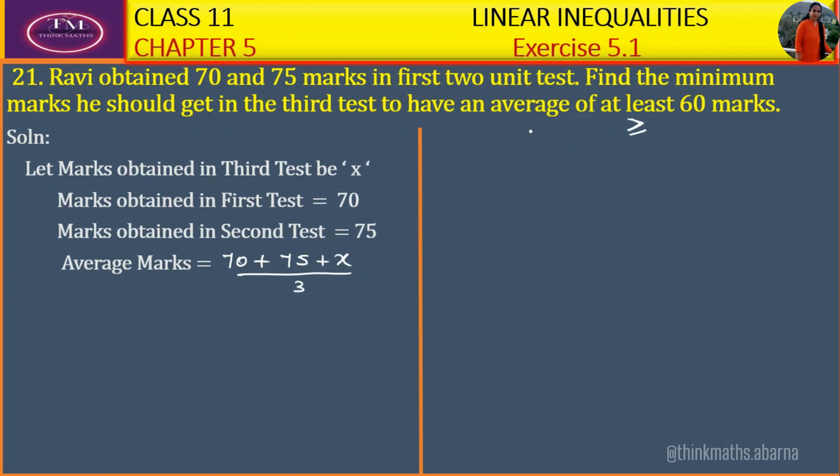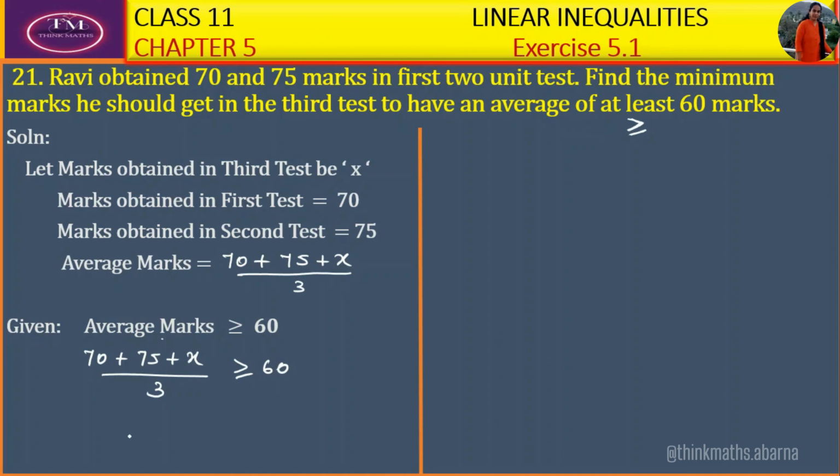But what is given, the average should be greater than or equal to 60. So (70 + 75 + x) divided by 3 is greater than or equal to 60. What is 70 plus 75? It is 145.